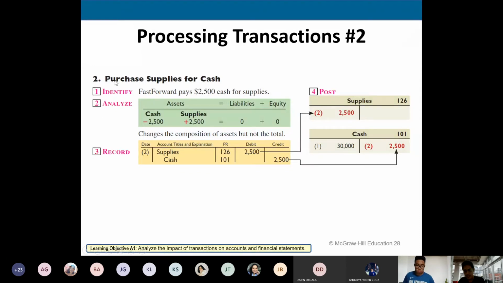So as of this date, magkano na lang yung cash natin pag tinanong ko sa inyo? Ang sagot nyo dapat, it has a debit balance of 27,500. Tama ba? Kasi meron siyang debit na 30,000 and nabawasan siya ng 2,500. Tama? Pag kinuha mo yung total debit, kukunin mo yung total credit, kunin mo yung difference, meron siyang debit balance na 27,500. Do you get it?